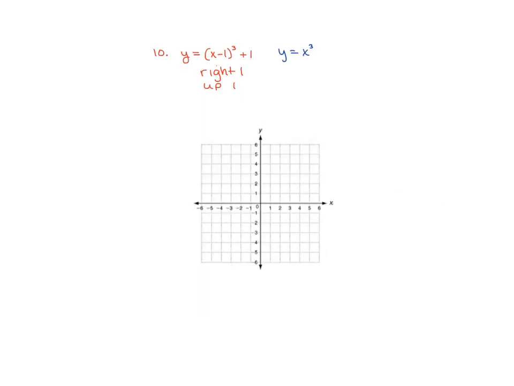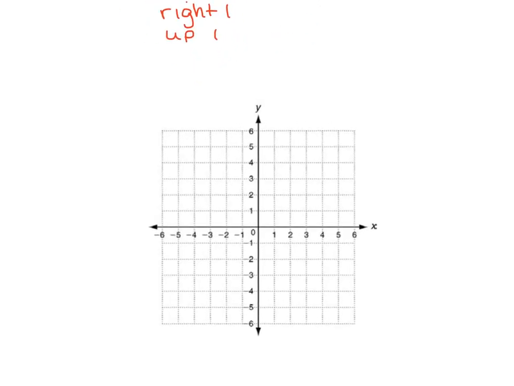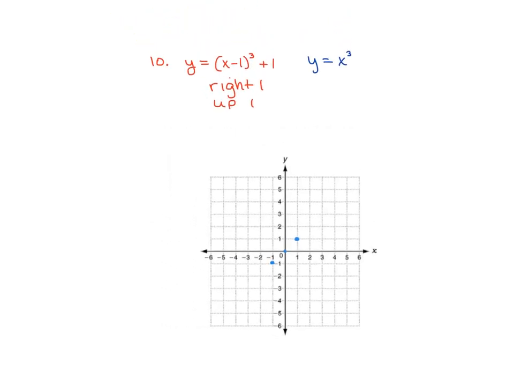And then one more example. Again, we'll compare it to the graph of x cubed. And again, if we graph our original ordered pairs, same 0, 0, 1, 1, and over here negative 1, negative 1. Again, we're going to shift it right 1 and up 1.